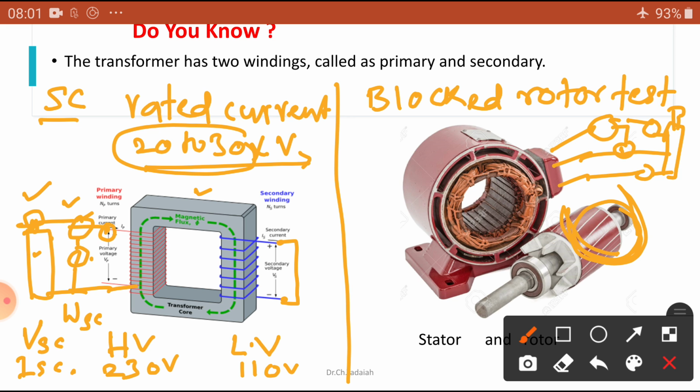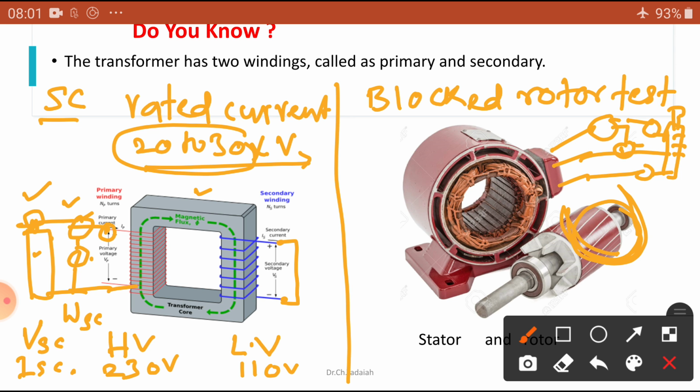Now with the help of our variac, slowly give the voltage, very slowly, by observing the ammeter. Once the ammeter shows the rated current, then stop the variac.